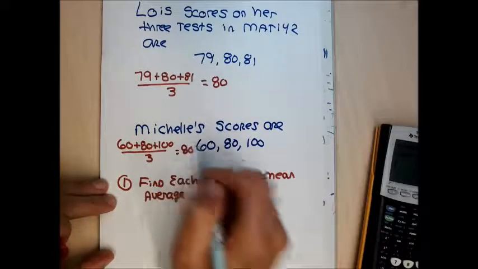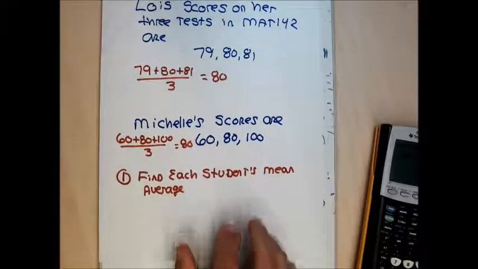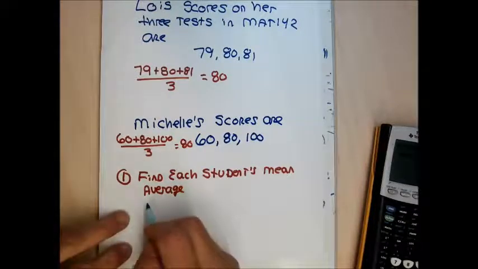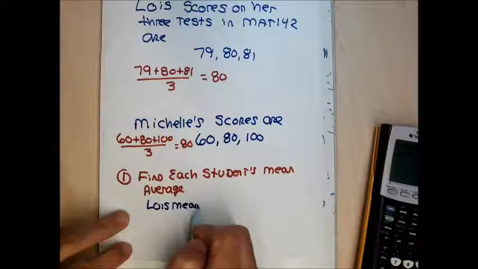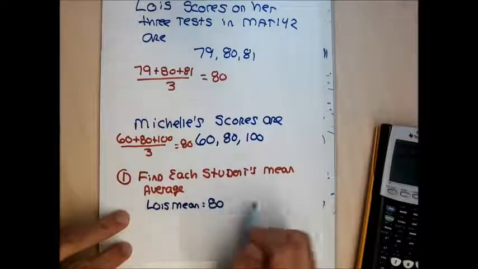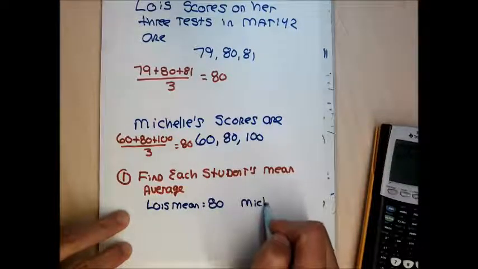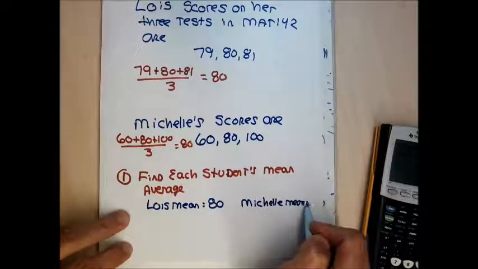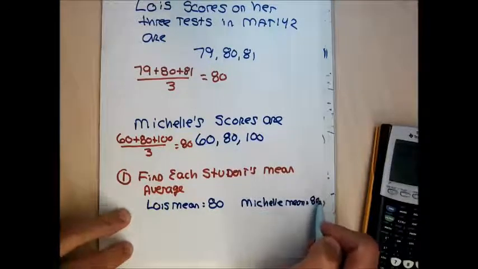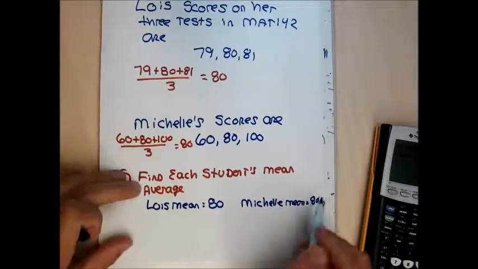So for number 1, Lois's mean equals 80, and Michelle's mean equals 80.